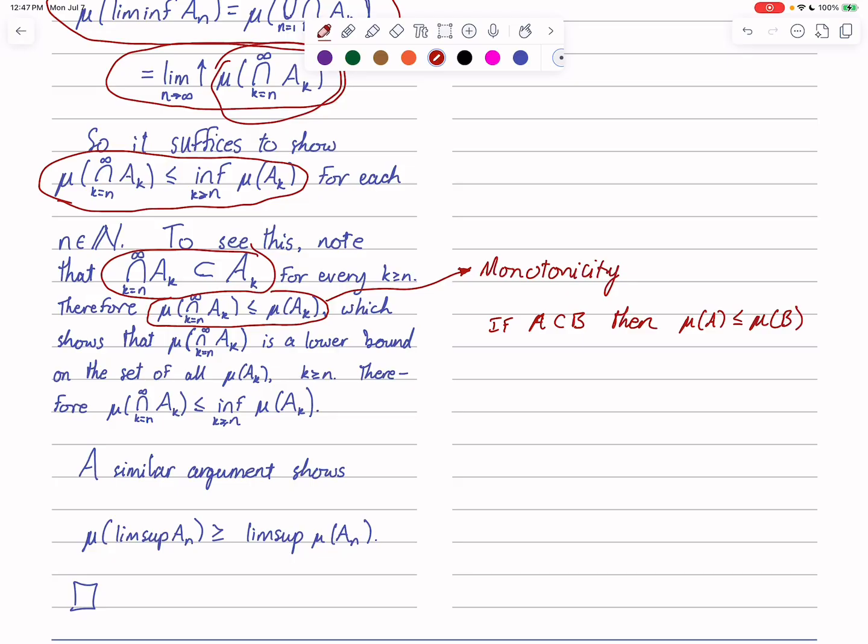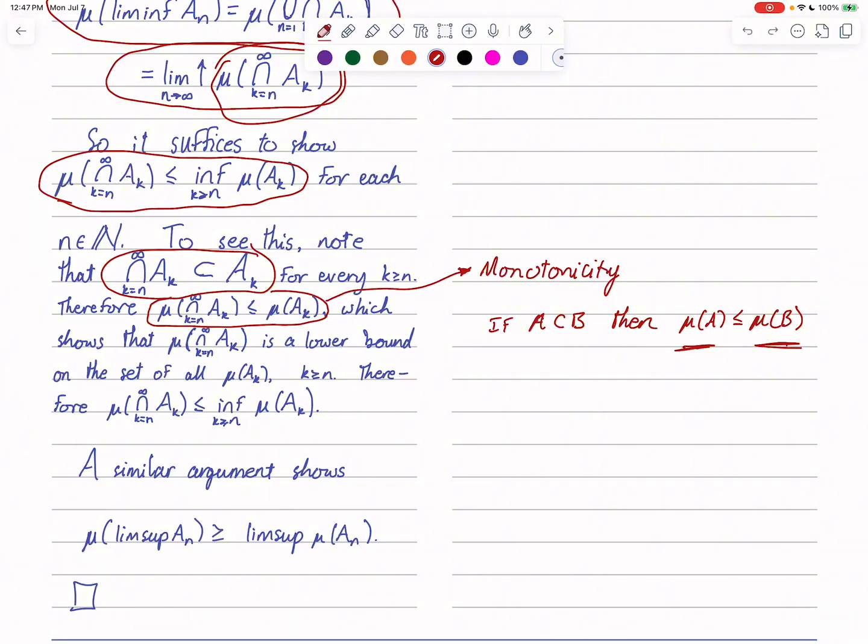It is this property that if one set is a subset of the other, then it has a smaller measure than the other, in this weak sense. This rule is called monotonicity. So here I'm applying monotonicity, and by monotonicity, I get this inequality.